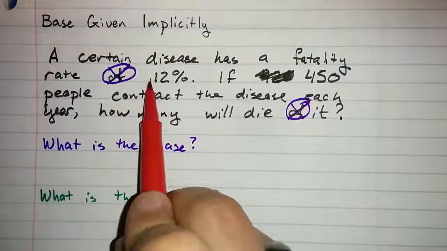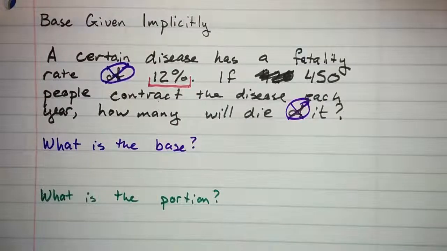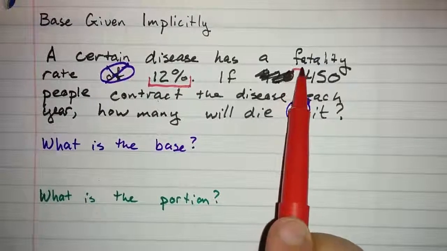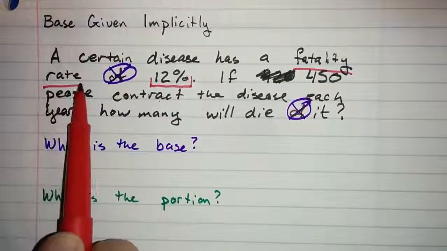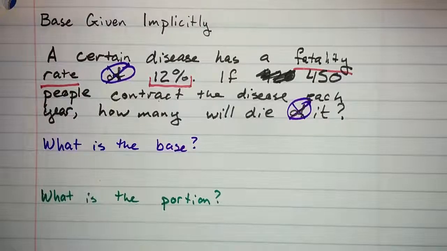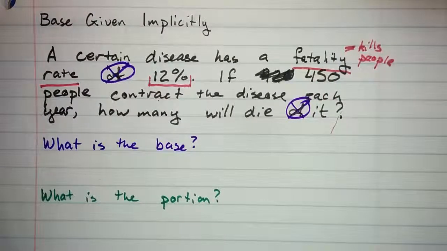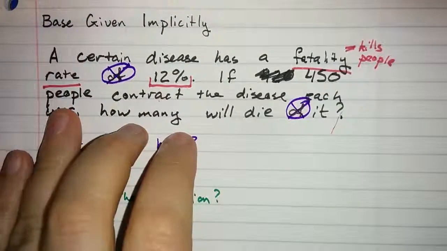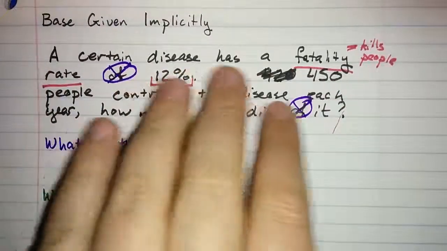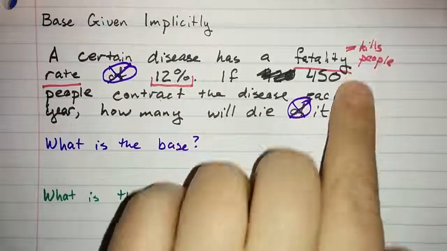What does this 12% represent? Well, it says it's the fatality rate. What does fatality mean? What does it mean to be fatal? Well, fatality means basically killing people, right? To be fatal means to be deadly. So the fatality rate will be the rate at which the disease kills people.